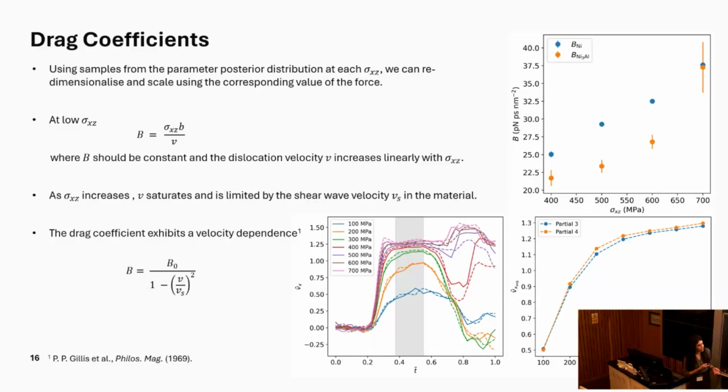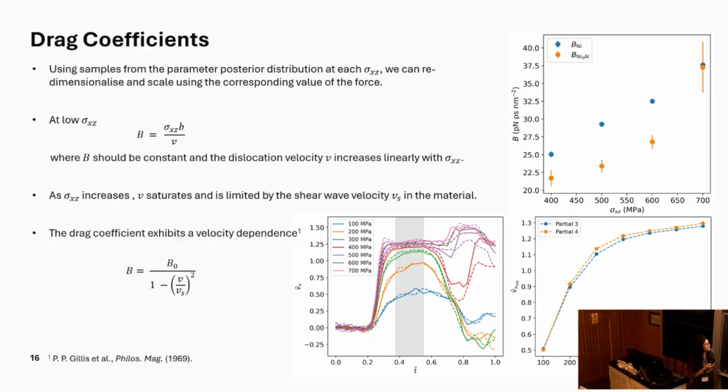If we sample the posterior distribution and plot these against the applied shear stress, we can see that there's a stress dependence. Typically at low applied shear stresses, we expect the drag coefficients to follow this kind of relationship. We expect the velocity to increase linearly with the applied shear stress, and that results essentially in a constant drag coefficient.